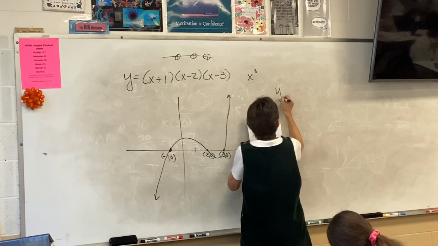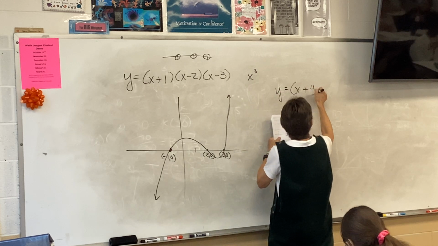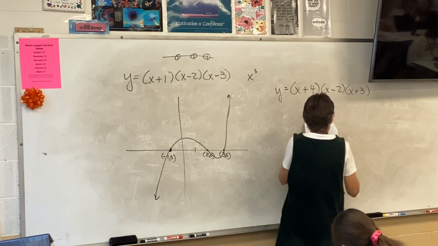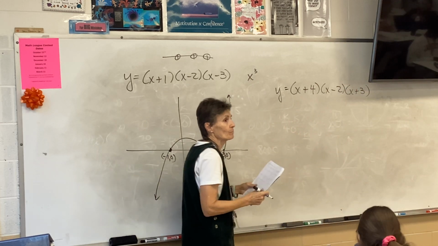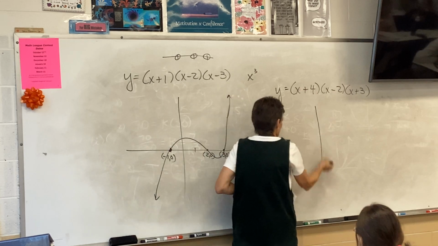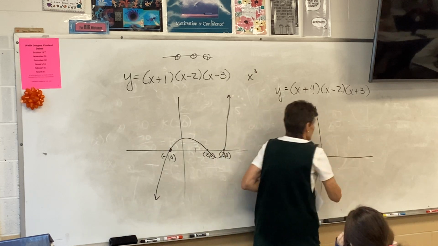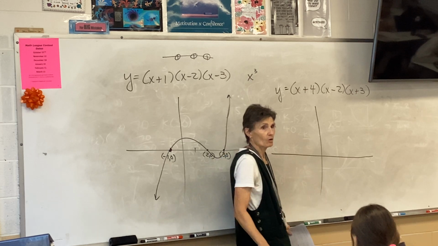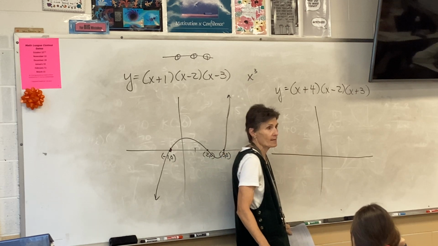All right, let's look at B. First thing you're gonna do is put dots. Technically, they're called zeros, x-intercepts.